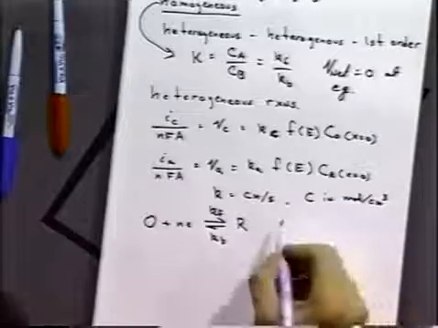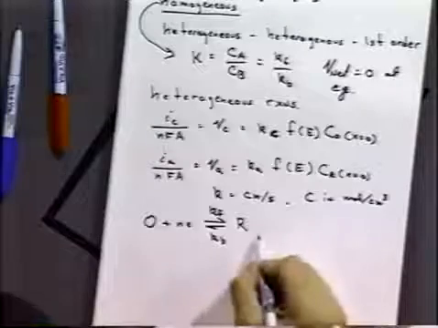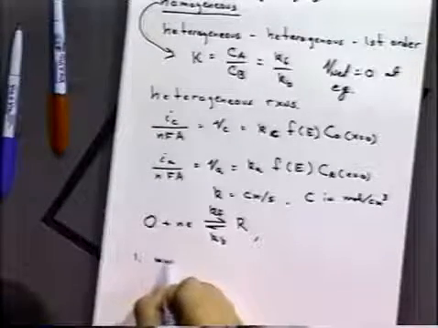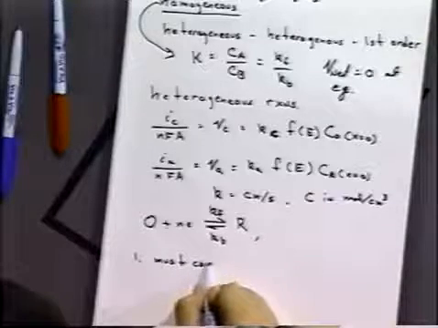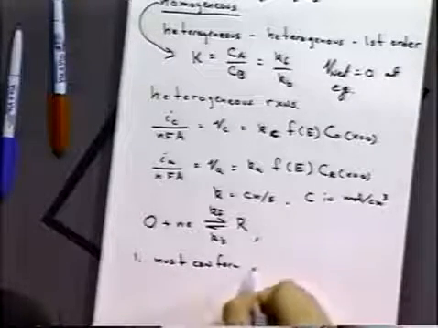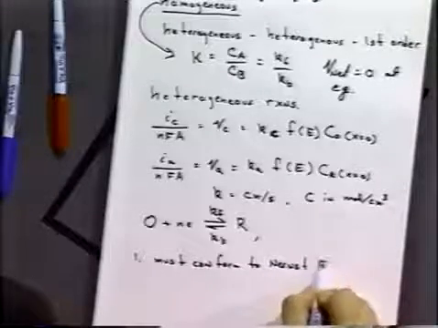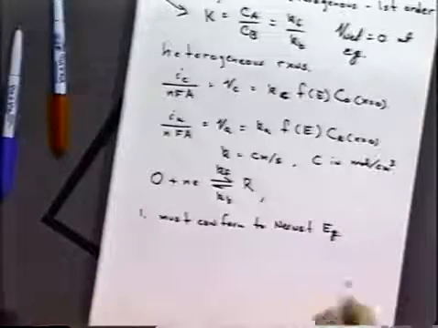Any theory that we derive must have a few certain conditions. One is that it must conform to the Nernst equation. So any equation that we derive must, at long time, under equilibrium conditions, approach the Nernst equation.